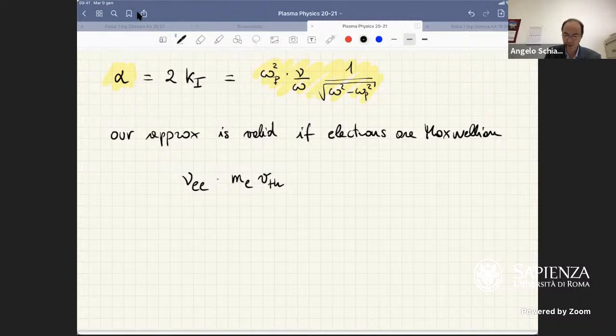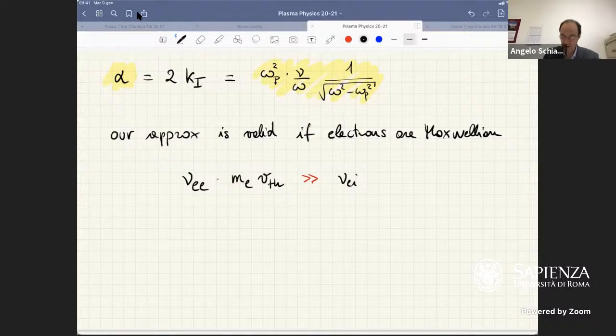So we require that this rate is much larger than what? The rate at which electrons are exchanging momentum with ions, getting rid of the momentum gained by the wave.